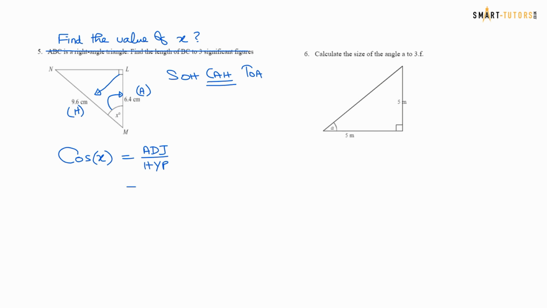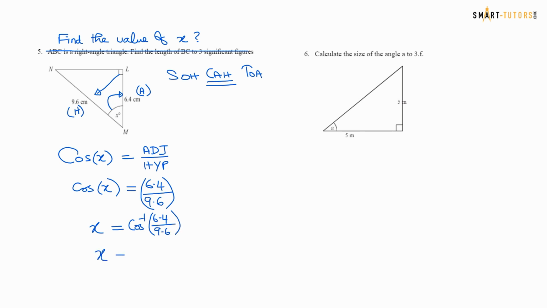So carefully substitute the values. Adjacent, which is 6.4, divided by 9.6. So that is the fractional answer for the angle. So that is cos x. So x equals cos inverse of 6.4 divided by 9.6.